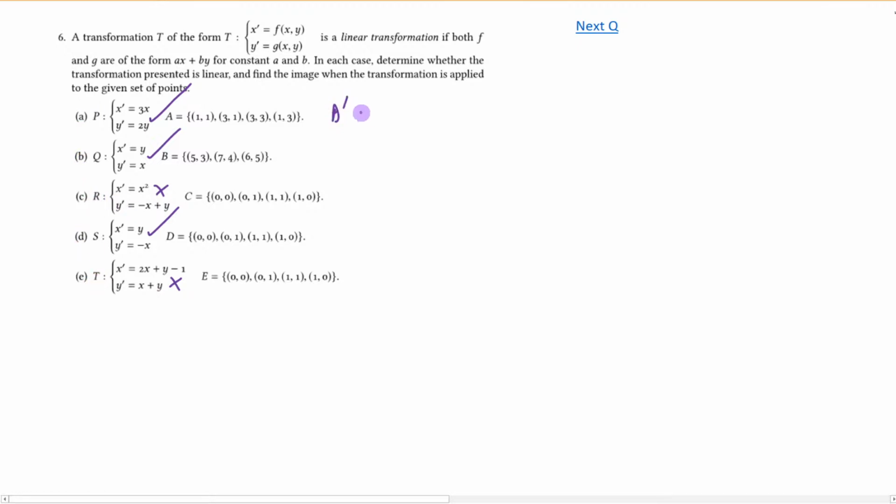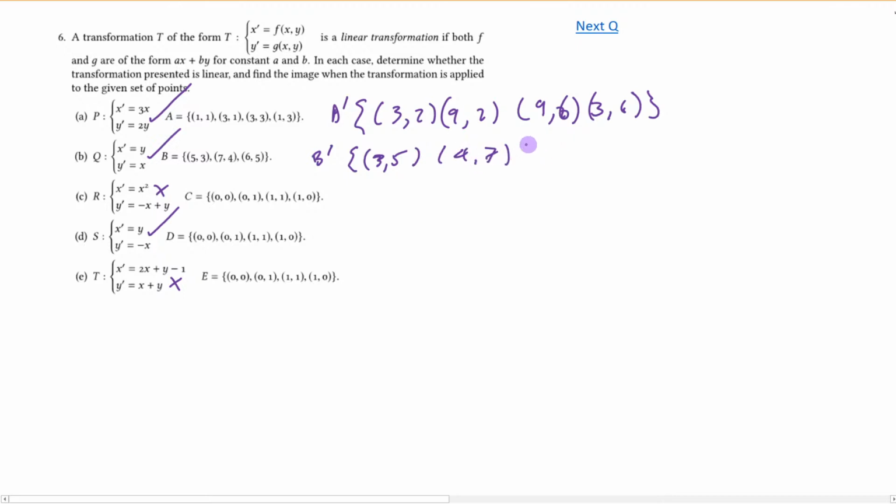And if you managed to get through all the images, you should have got 3, 2, 9, 2, I think. I'm trying to read out my own answers. Oh no, I've got 9, 2, 9, 6, 3, 6. And we've got B dash, which will be 5, and you swap them around to 3, 5, 4, 7, and 5, 6.